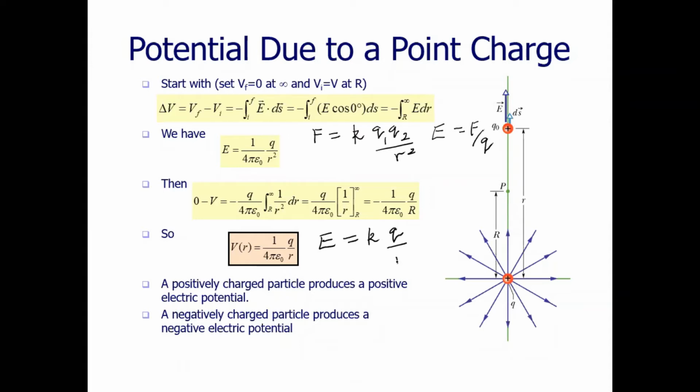Remember this formula, I'm sure. If you know the Coulomb force, just by dividing by the test charge, you could find the electric field. So that is the formula for the electric field due to a point charge.